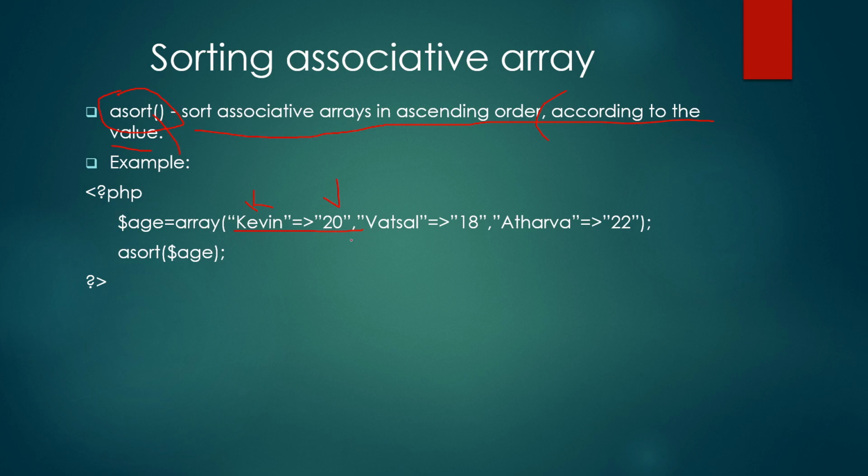Okay, so here we have numerical values. First, 18 is the smallest, so this key value pair will be printed first, then 20, and then 22 is the largest, so it will be printed lastly. So asort will sort the associative array in ascending order according to the value.